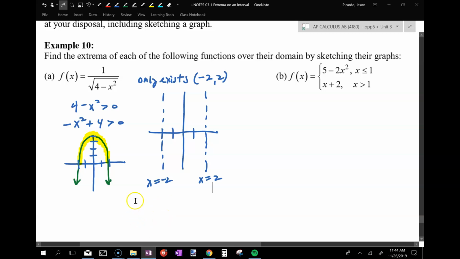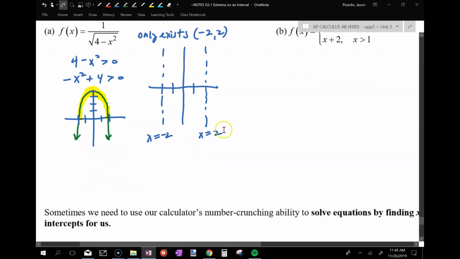Well, here's what I do know, Brandon: this graph only exists in here, right? So what I'm going to do now is take the derivative of this and see if there are any extreme values between -2 and 2. We're going to see what happens, okay? So let's take our derivative.